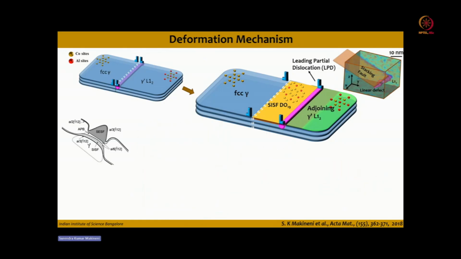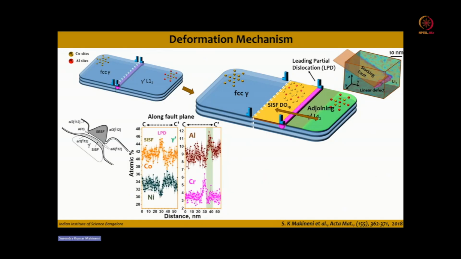Interestingly, we also took a three-dimensional composition profile along the plane. Okay, and along the plane you can see that at the partial dislocation, where the chromium is enriched, aluminum is depleted, but the aluminum is enriched just ahead of the partial dislocation, and there is also an increase in the nickel concentration.